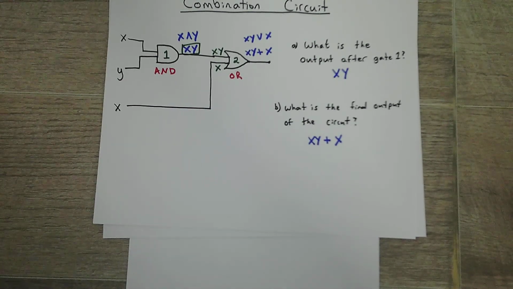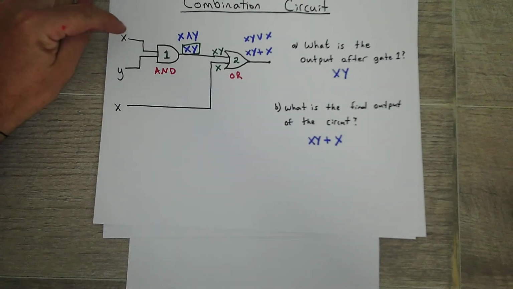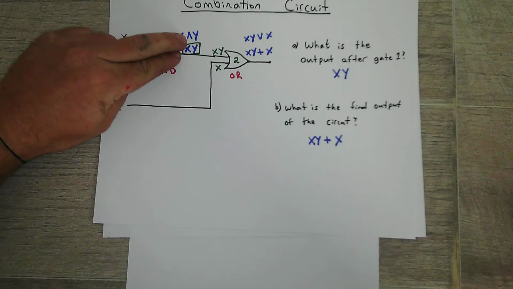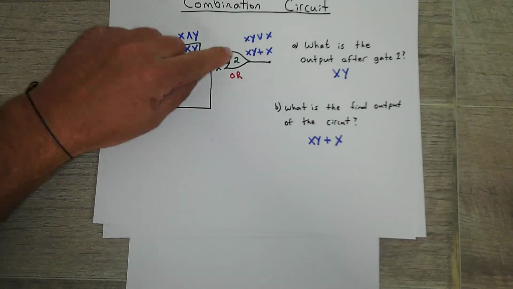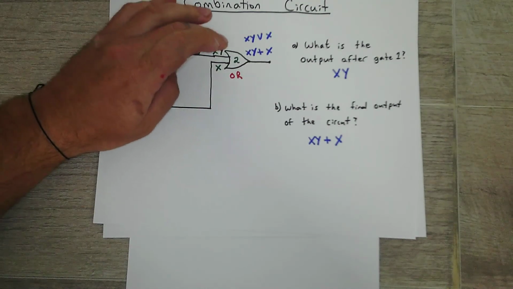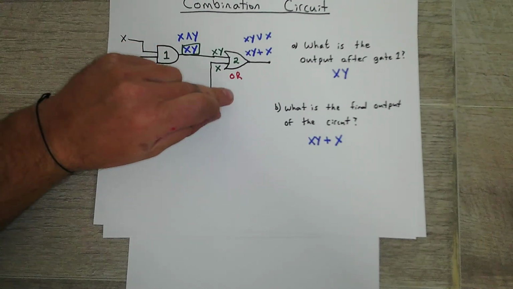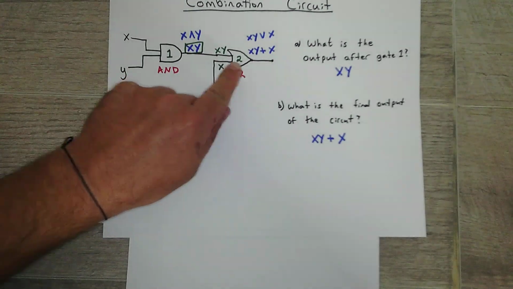If both reactor 1 and reactor 2 were too hot and the sensors came on, then the alarm came on. So in this case, if both X and Y come on, then it will pass through, and then it's XY or just X. That's the key difference, because X has its own input here.